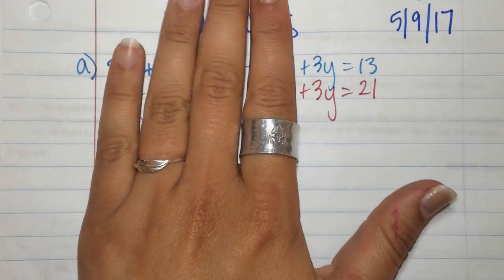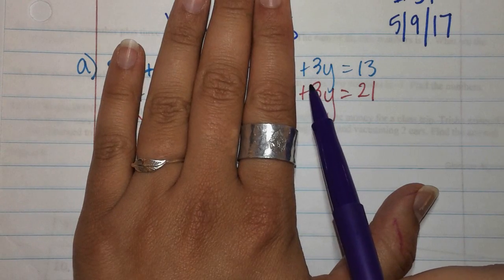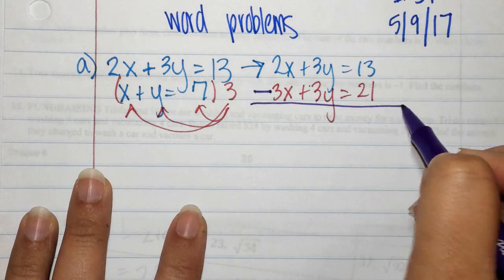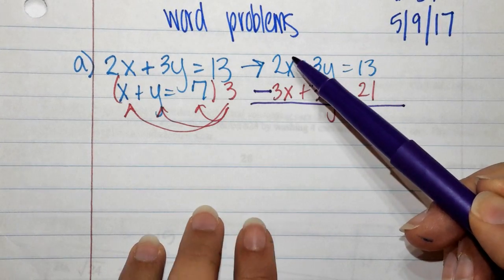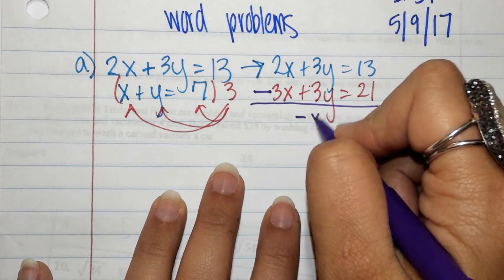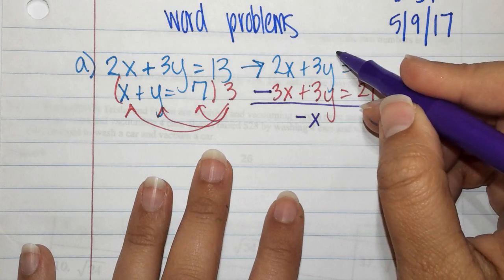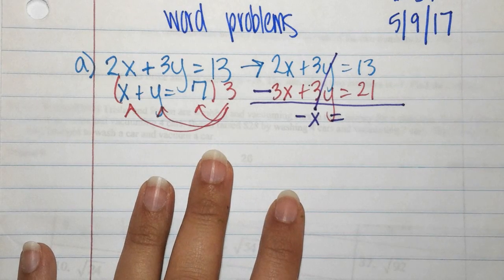Now remember, we're eliminating our y's. Do these have the same sign? So what do we do? Subtract. 2 minus 3 is negative 1, so negative x. What's 3 minus 3? And 13 minus 21?